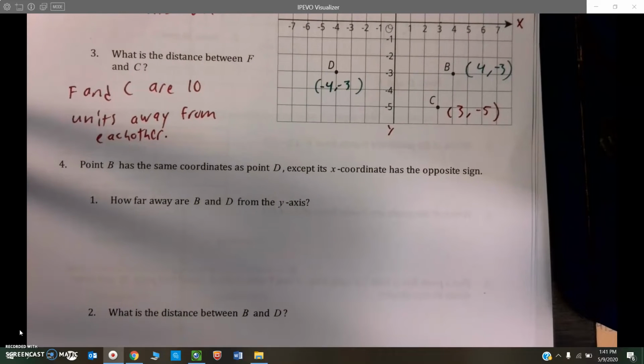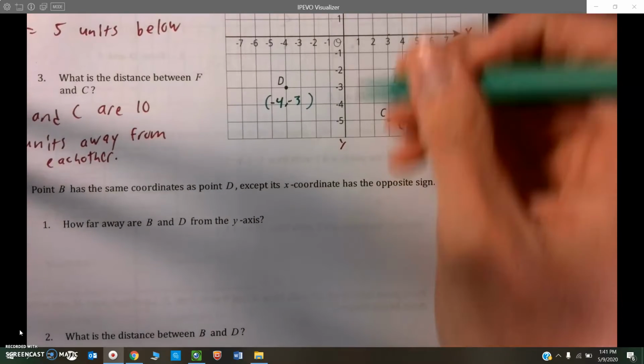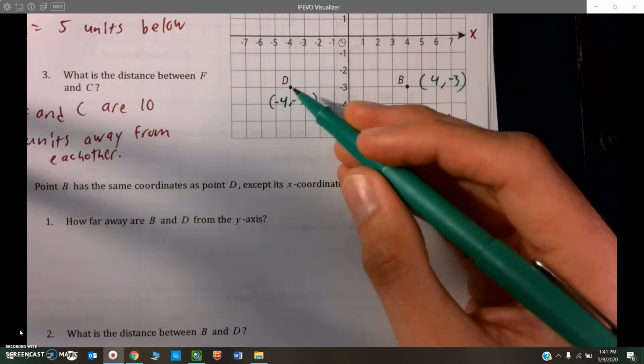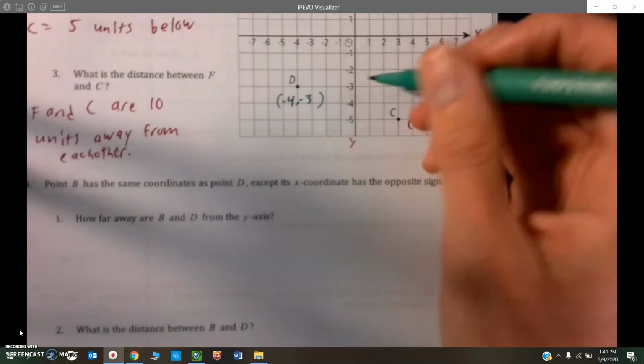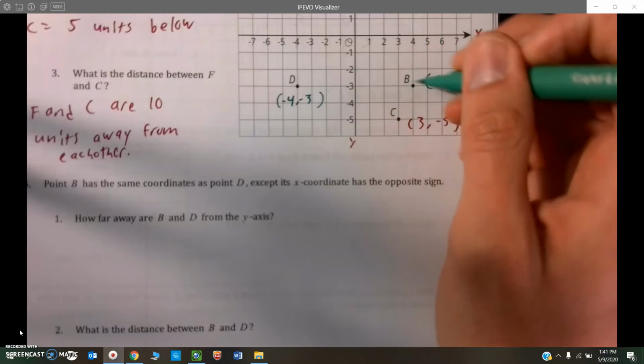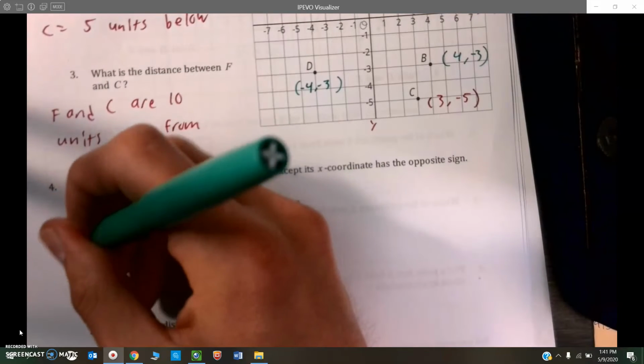So how far away are B and D from the y-axis? So D is 1, 2, 3, 4 to the left, and B is 1, 2, 3, 4 to the right.